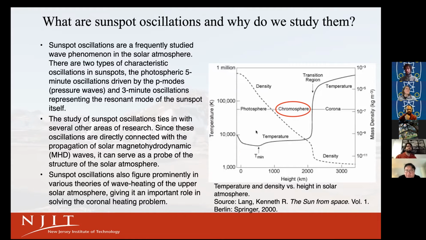This figure shows temperature as a function of height in the solar atmosphere. You can see we have a huge jump from the chromosphere to the corona in the transition region, and it is believed that the sunspot oscillation is highly related to this energy releasing process. So definitely it's a quite interesting object to study.